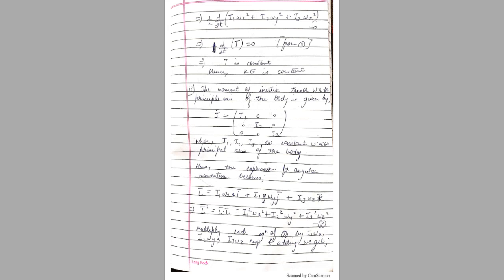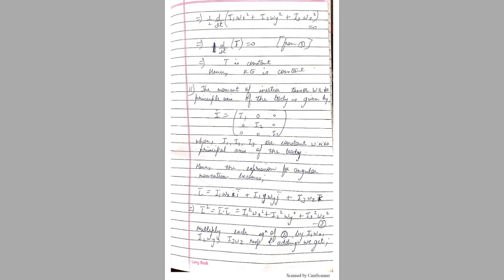If I multiply it with omega x, omega y, omega z, I will end up over here. And we know that I double dot into omega bar is nothing but the angular momentum of the body when it is rotating. So L bar is equal to this.